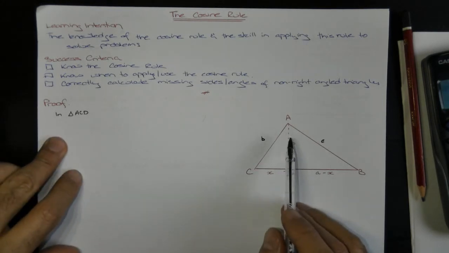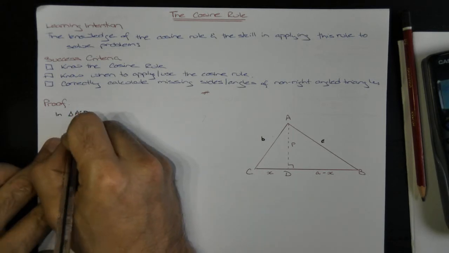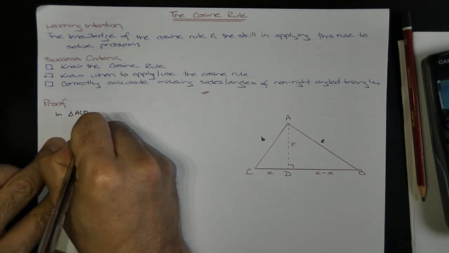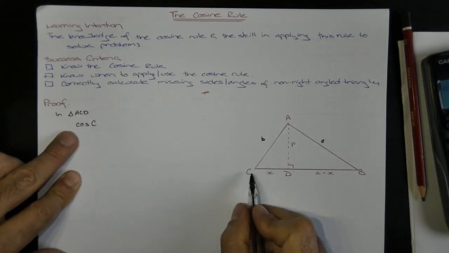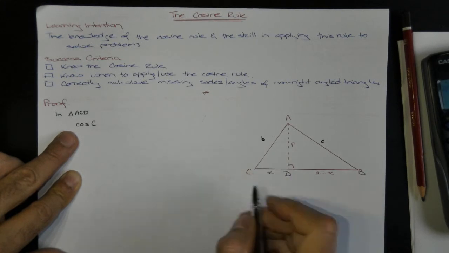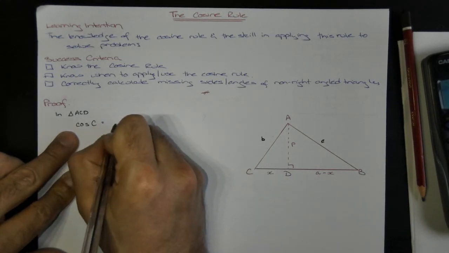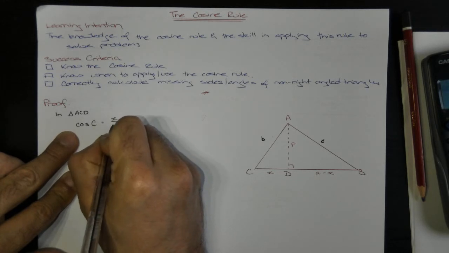Okay, so in triangle ACD, angle C, so cos C, remember that's going to be the adjacent over the hypotenuse. So that's going to equal x over b.